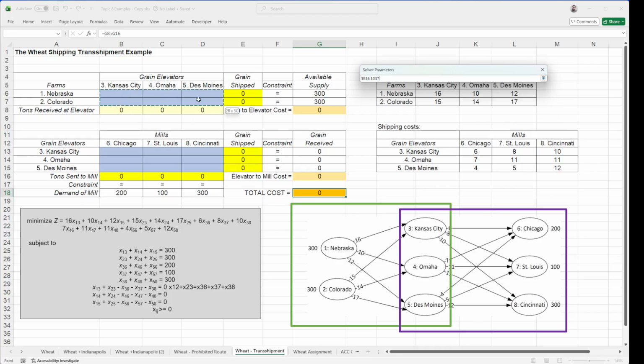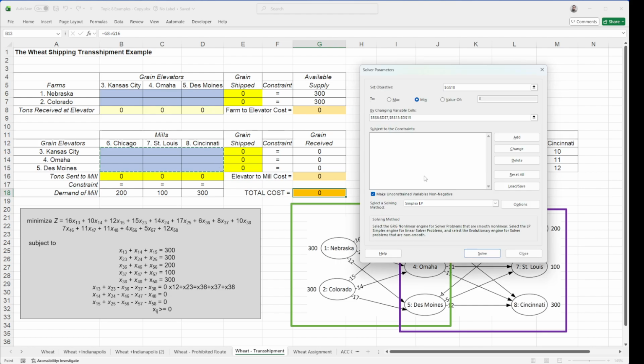The variable cells are all the blue cells, so B6 through D7 and B13 through D15.